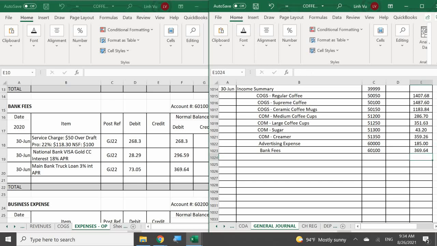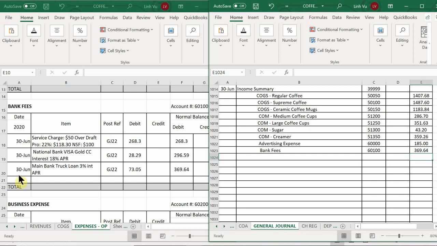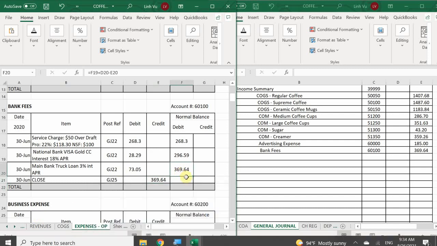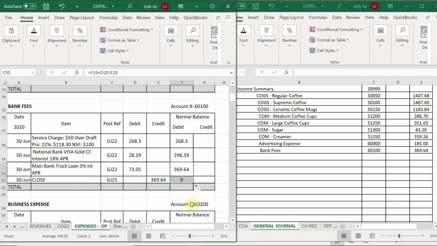Okay. 369.64, which should then give me an account balance of 0.